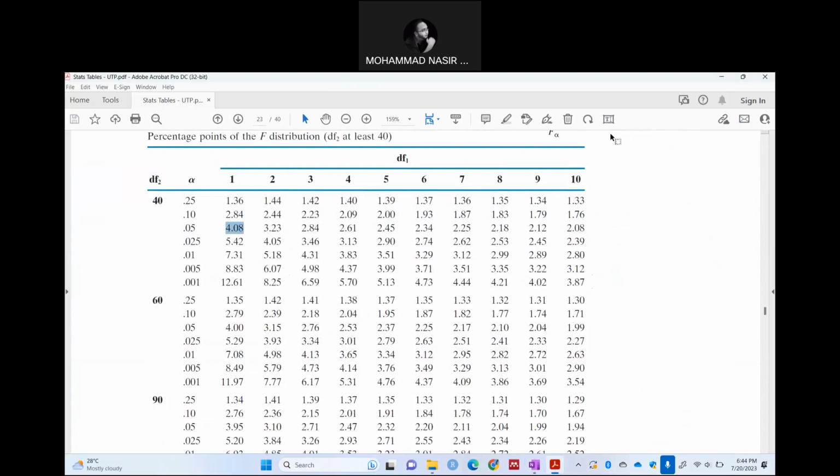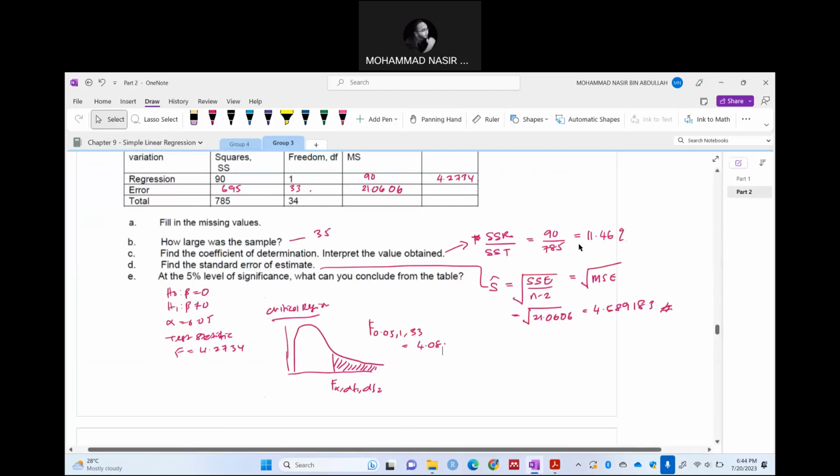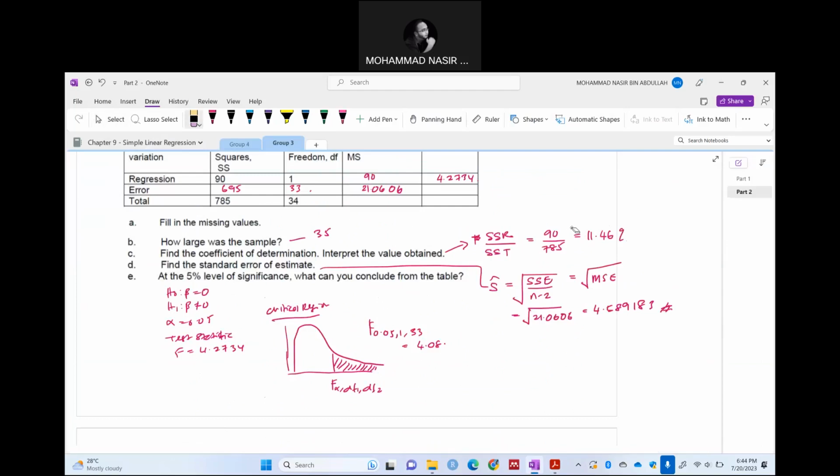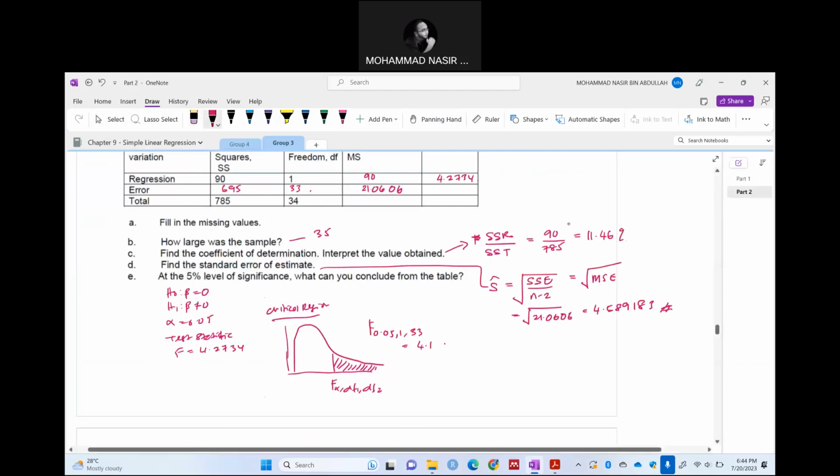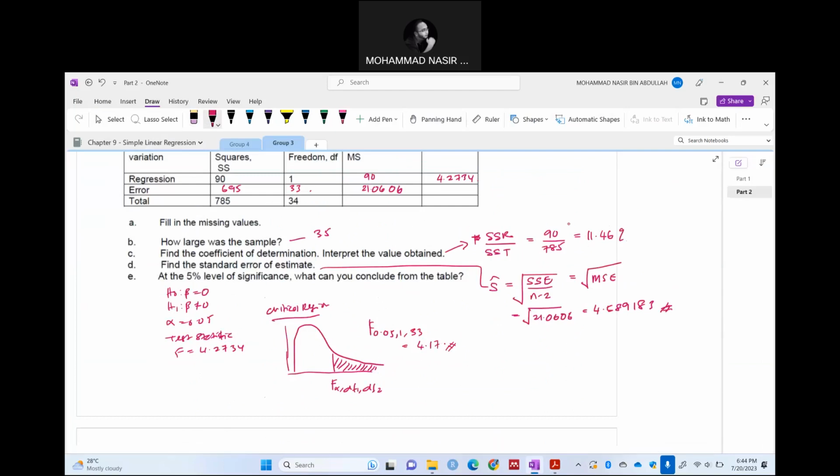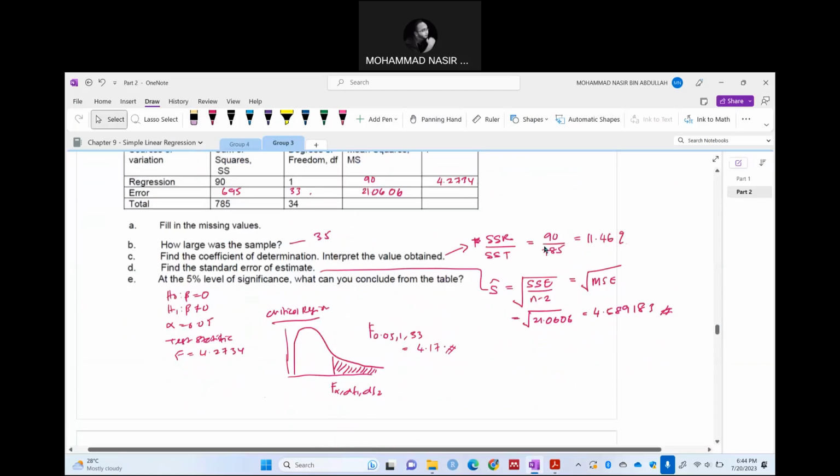So our F calculated is more than that, so we reject null hypothesis. Dia ambil yang paling rendah yang bawah. So 4.17 lah. So I letak sini 4.08. So 4.17. Alright, done.